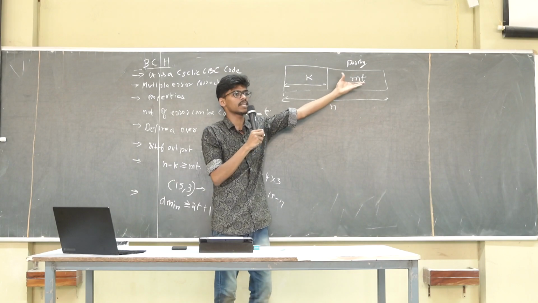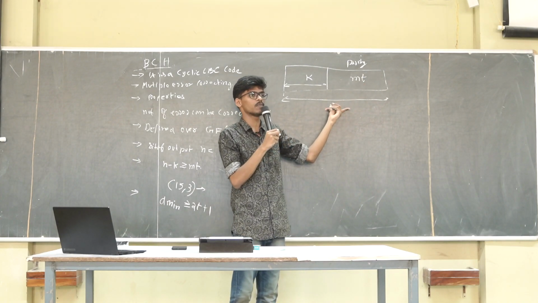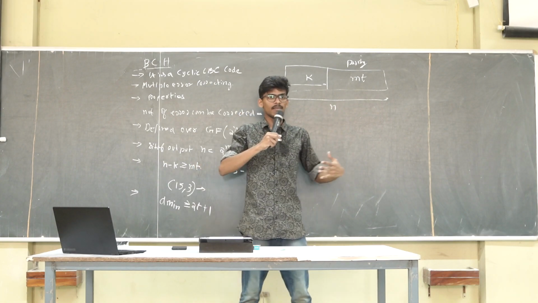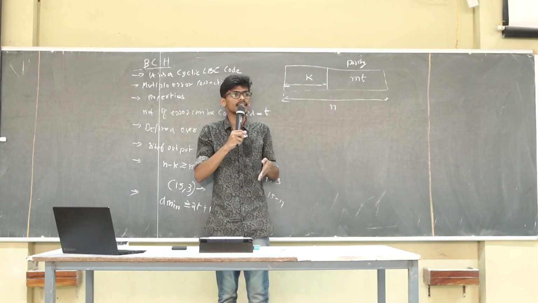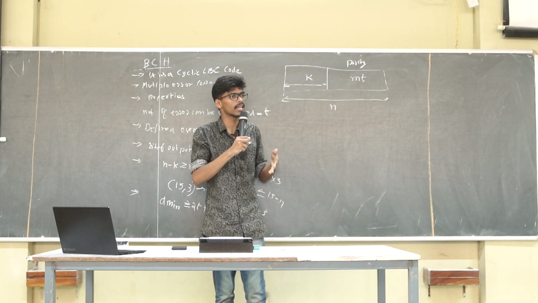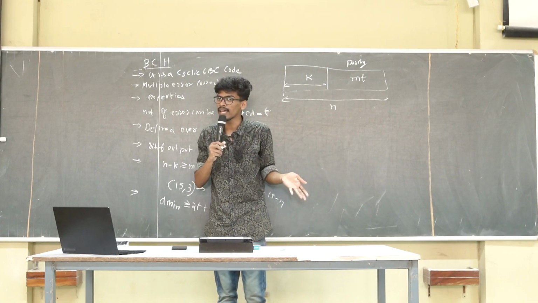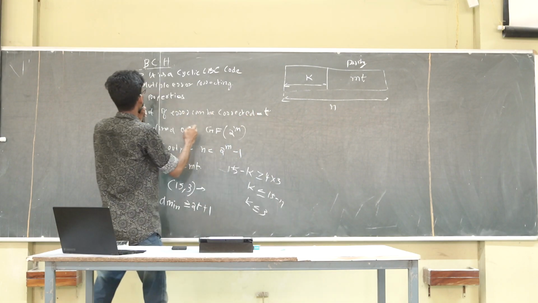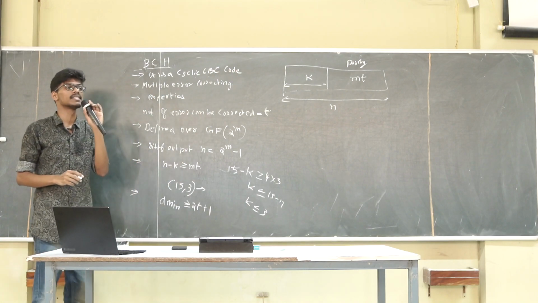If k is increasing, m times t will be decreasing, so the total number of bits will be fixed. So this is a dynamic system. K can be varied, parity bits can be reduced. If k is reduced, then m times t will be higher. You understand? It is a dynamic system, and it is also a cyclic LBC code.